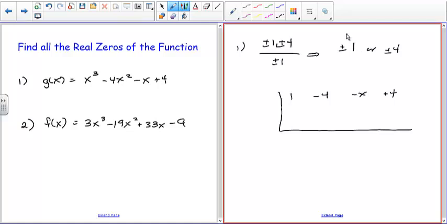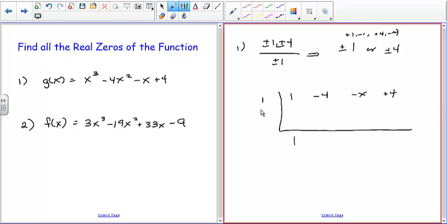Usually plus 1 is a good place to start. It's more likely to be a small number than a bigger number.